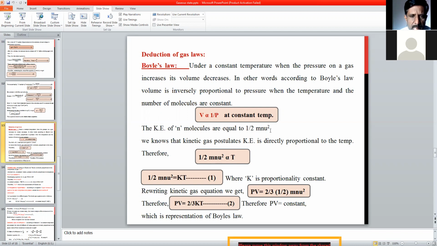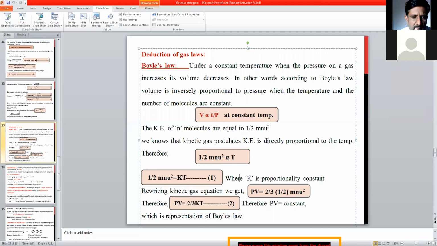So 1/2 mnu square is nothing but kinetic energy, and it is directly proportional to the temperature of the gas molecule. If you increase T, the value of 1/2 mnu square will increase. So the equation becomes 1/2 mnu square is equal to K into T. K is a proportionality constant, because as temperature increases, kinetic energy increases; these two factors are proportional to each other.